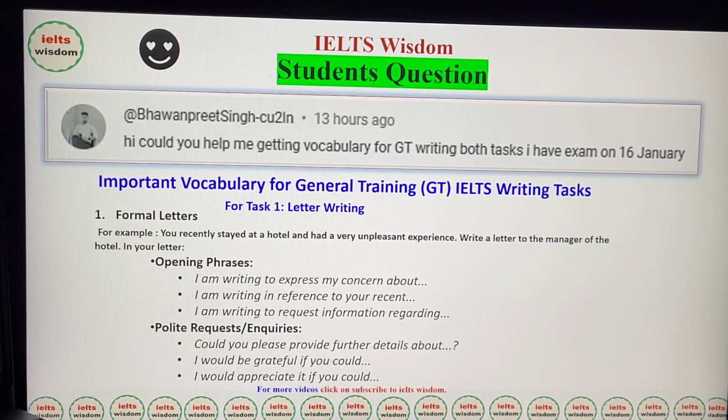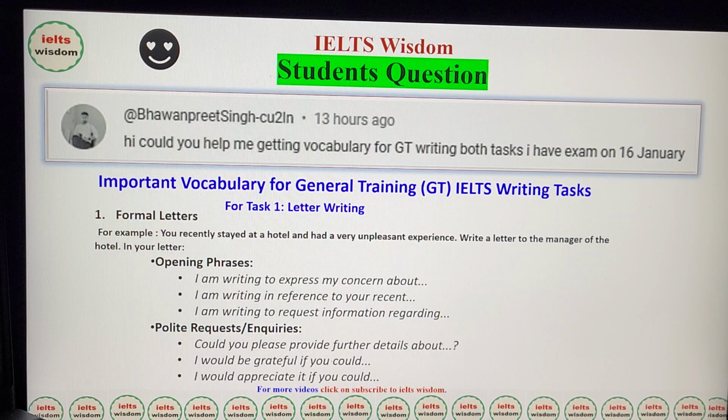Very first, the formal letter. For example, you recently stayed at a hotel and had a very unpleasant experience, and you write a letter to the manager of the hotel. Here there are different parts, like the opening phrase, the middle, and at the end you have the conclusion.